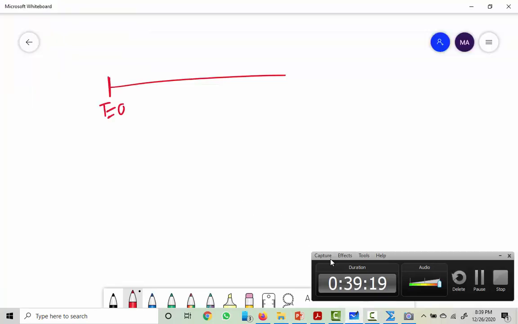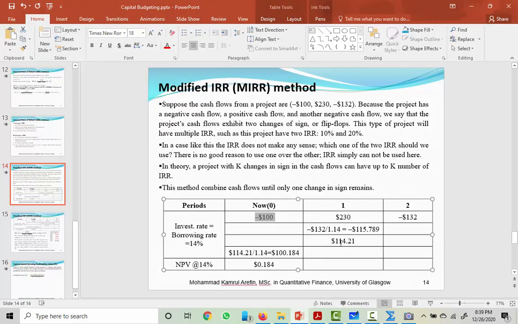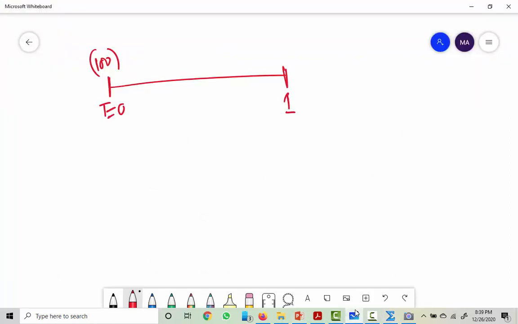And at period 1, we have a net inflow of $114.21.